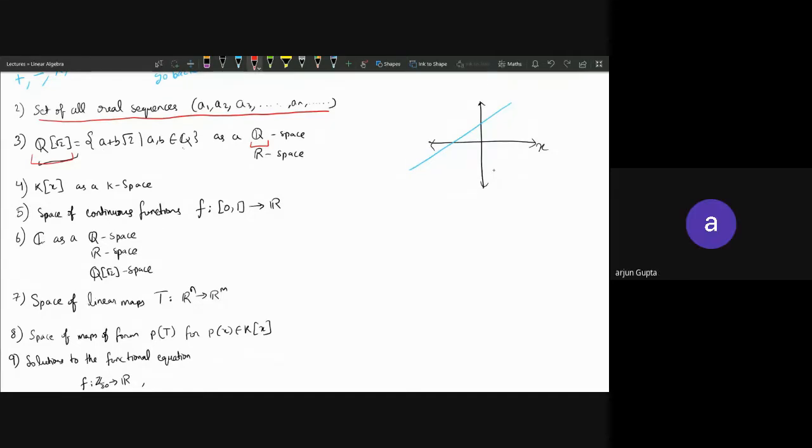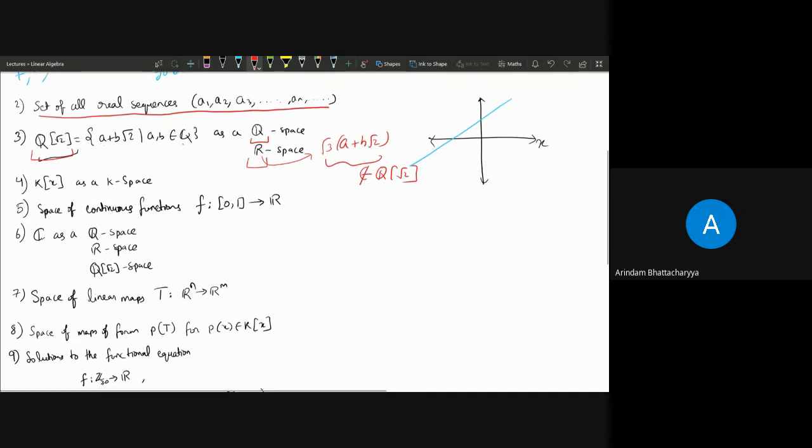Yes. Is this an R vector space? No. Why not? Because, for example, if we multiply a plus b root 2 by root 3, we no longer get an element of Q root 2. Multiplying by a random element of R, the result does not belong in Q root 2.